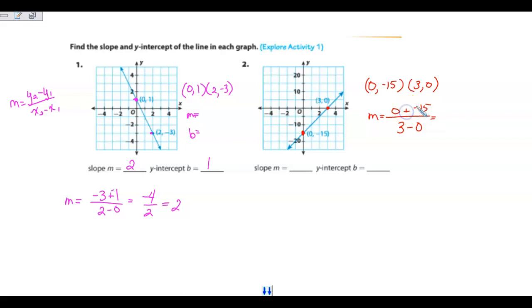This is the same as add the opposite, which is 15. 3 minus 0 is 3. Simplify that, I get 5. So my slope is 5. My y-intercept, where is it crossing the y-axis? So at this point here, my x is 0, my y is at negative 15.